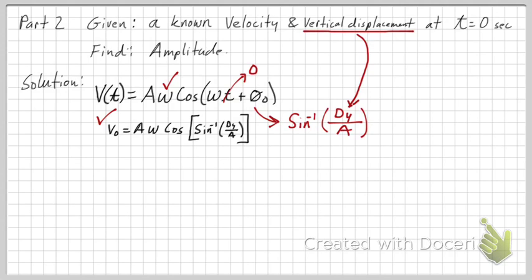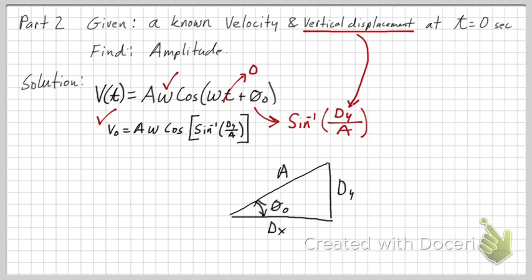So you have to think back to your pre-cal and trigonometry days, and let's see what they're giving us and what they want. Theta naught is side opposite over hypotenuse. Side opposite is given, it's the displacement in y. Amplitude is the hypotenuse of the triangle. Now I need the cosine of that angle, theta naught.